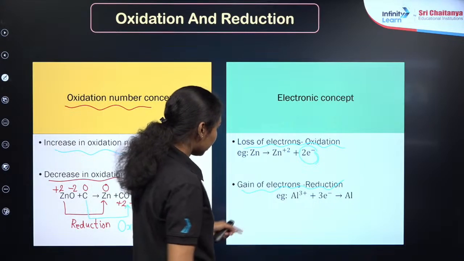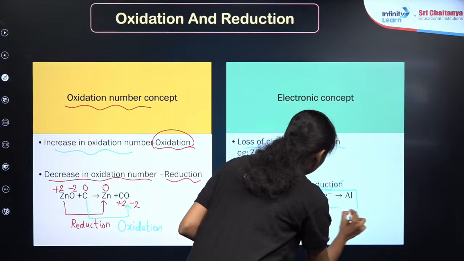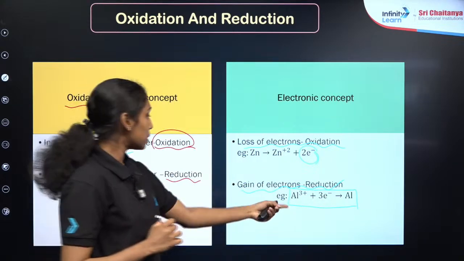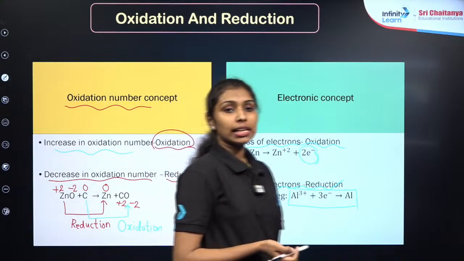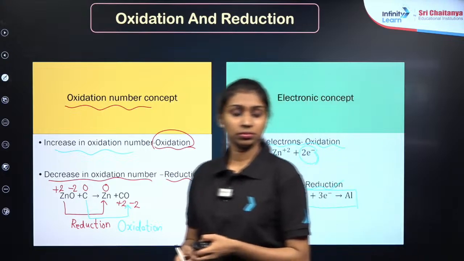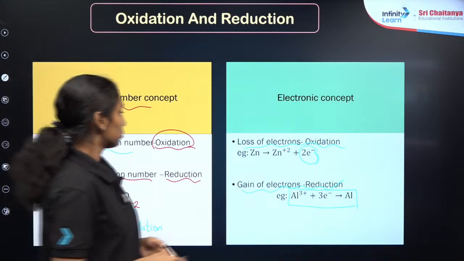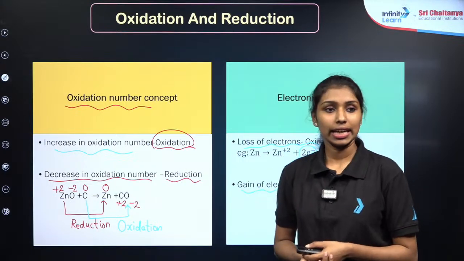Then you can see here that Al3+ will convert into aluminum element by gaining 3 electrons, which means this is an example of reduction and the other is an example of oxidation. Is it clear?